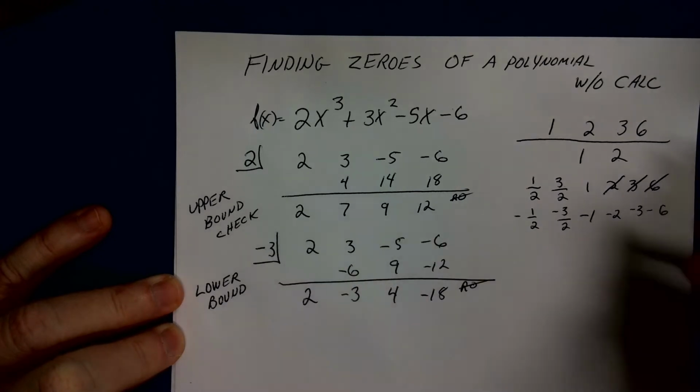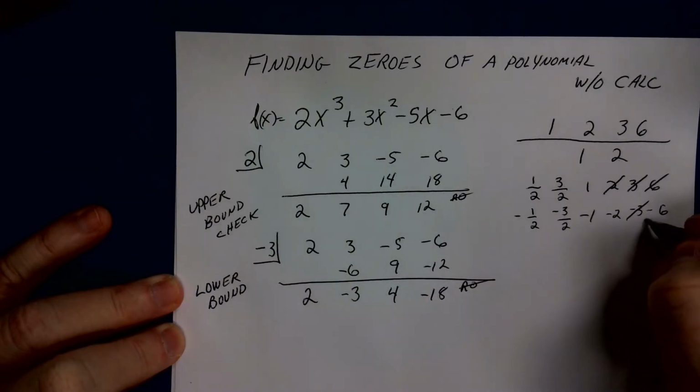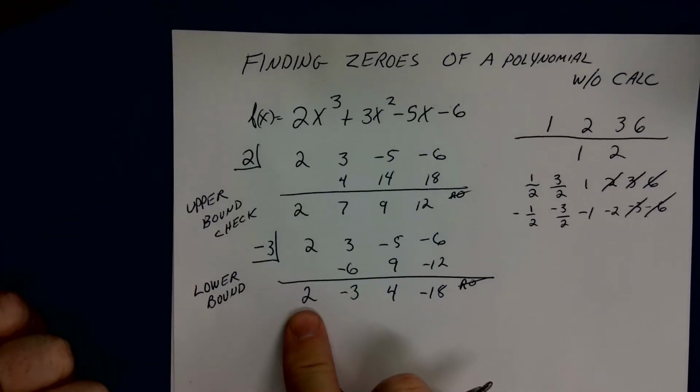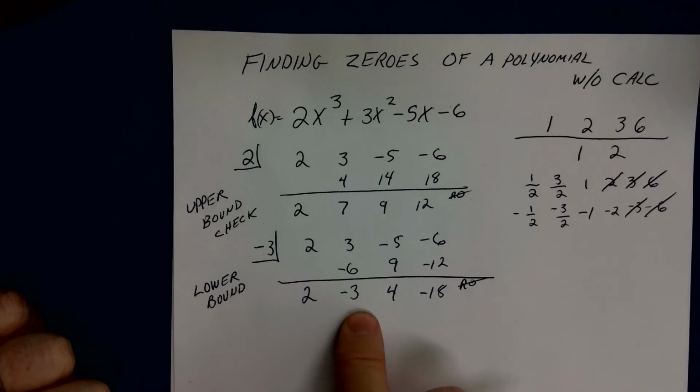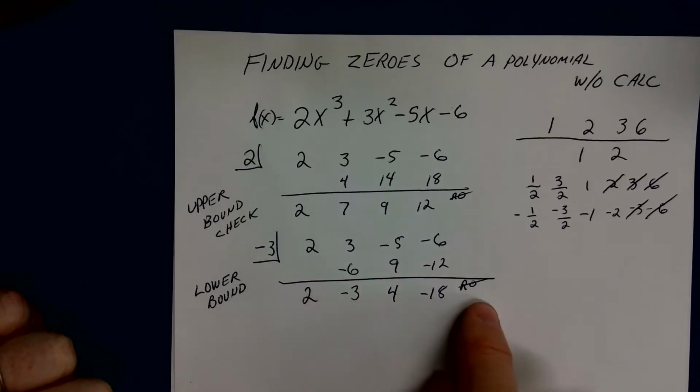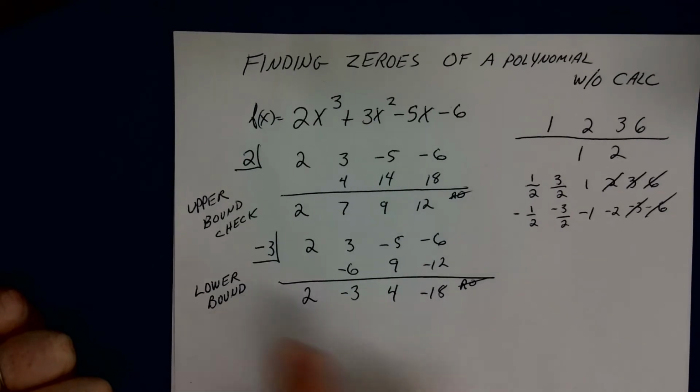So not only can I cross off -3, but I can also cross off -6. One more time. If these alternate between non-negative and non-positive all the way through, or between non-positive and non-negative all the way through, that means it's a lower bound.